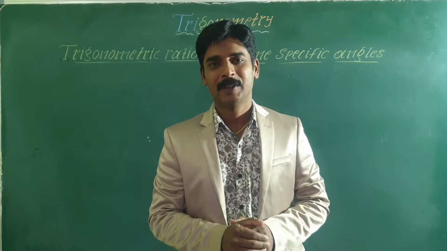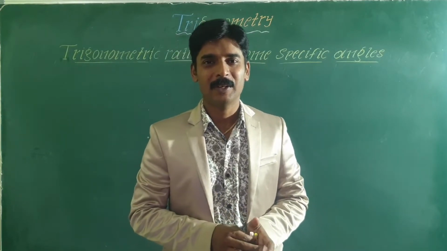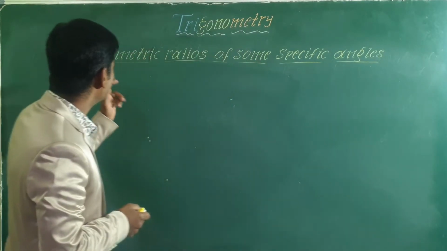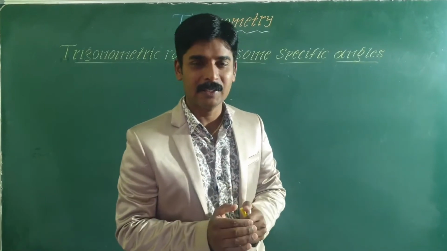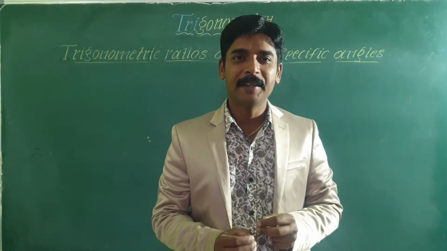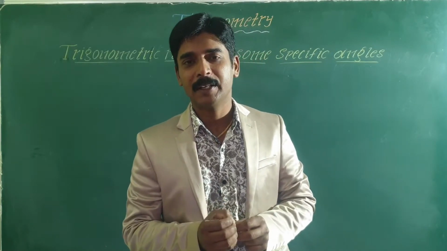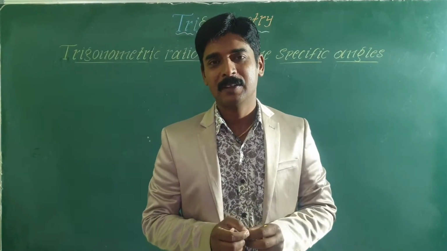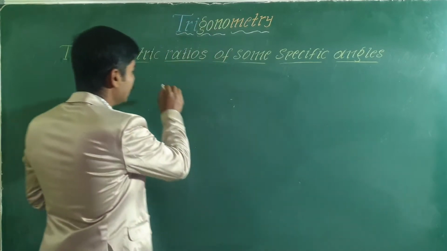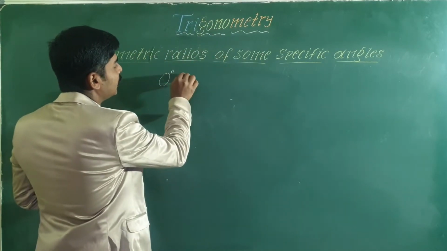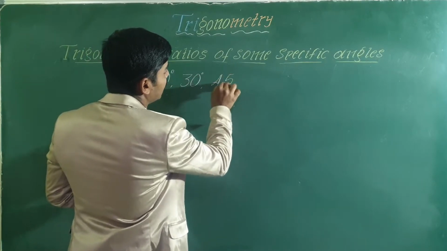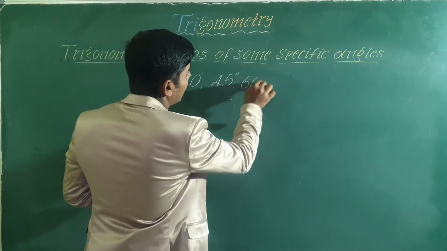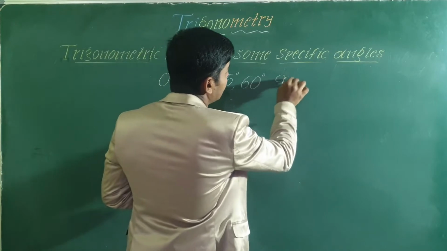trigonometric ratios. Today in this session we are going to study about trigonometric ratios of some specific angles. That is, we are going to find the values of trigonometric ratios of some angles. Let us say 0 degree, 30 degree, 45 degree, 60 degree and 90 degree.